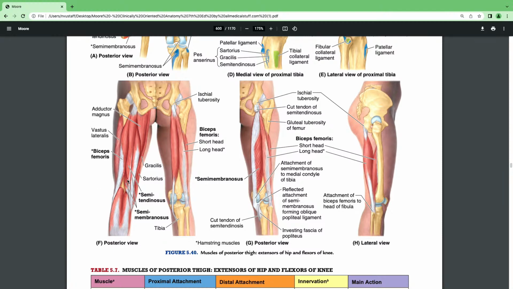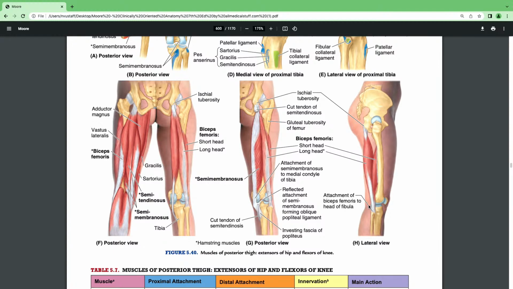Okay. So the posterior compartment of the thigh is, compared to the anterior compartment, much smaller. And you can see that mainly the types of muscles that you can find there are 3. These are biceps femoris, and yes, I'm saying biceps, but it's not biceps brachii, which is part of the upper limb.